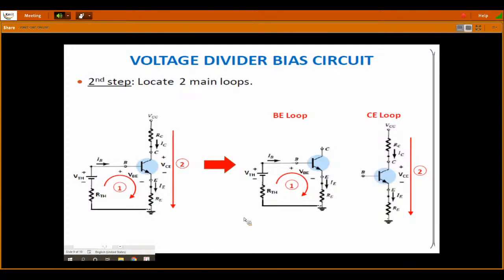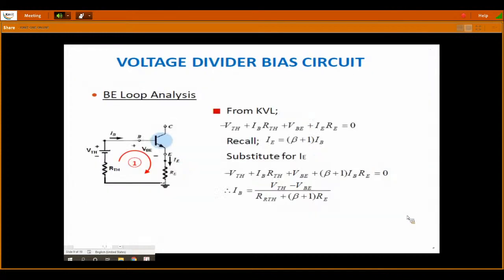In this next slide, this is the equivalent circuit at the input loop, and this is the equivalent circuit at the output loop. Next, we apply KVL to find the base current.